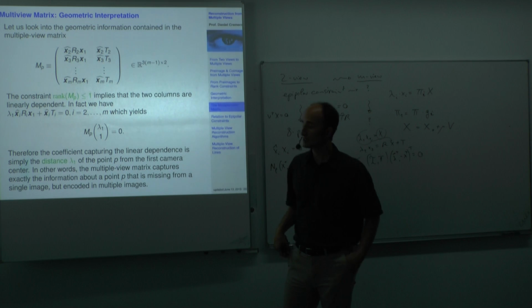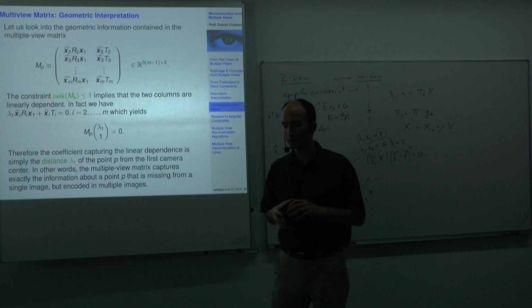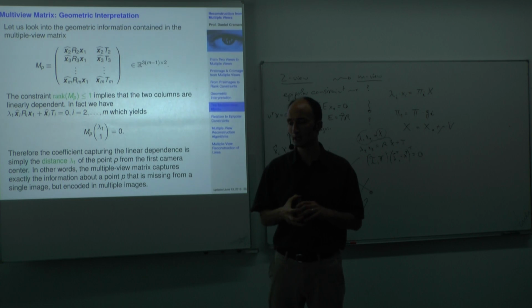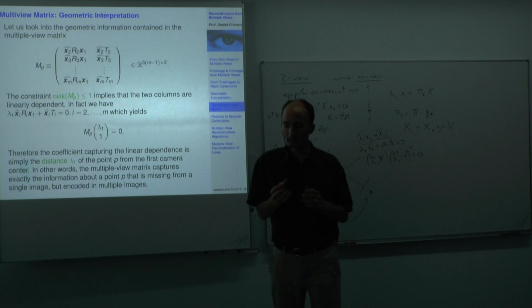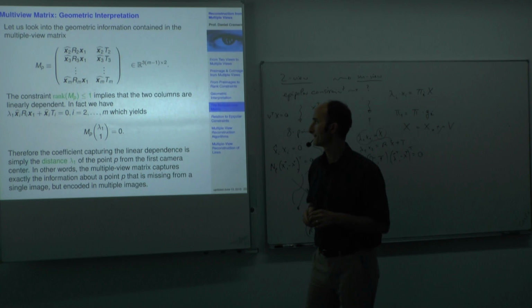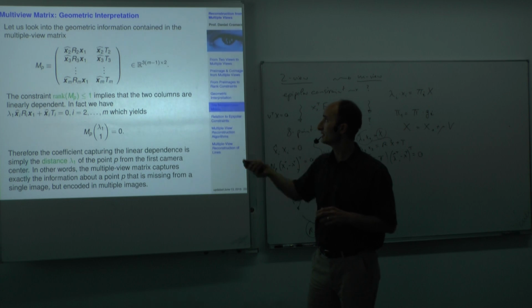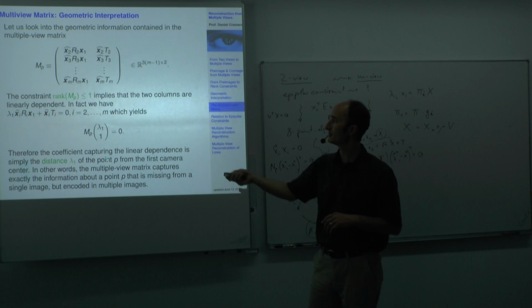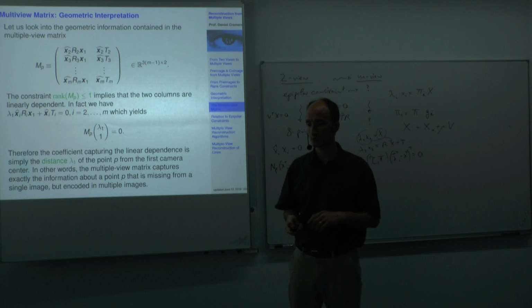So in other words, this multiple view matrix encodes or captures exactly the information that is missing in the reconstruction from a single image, but that is encoded in the multi-image scenario. And so this one vector living in the null space of that matrix, this is the one, lambda and 1.